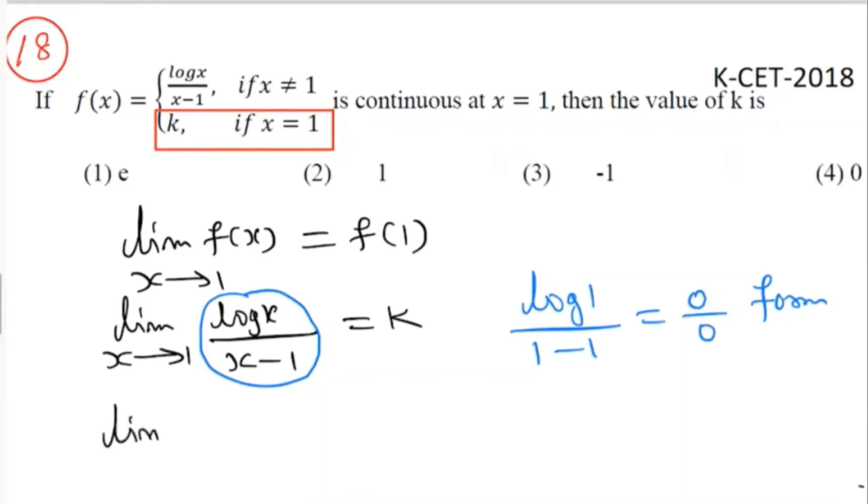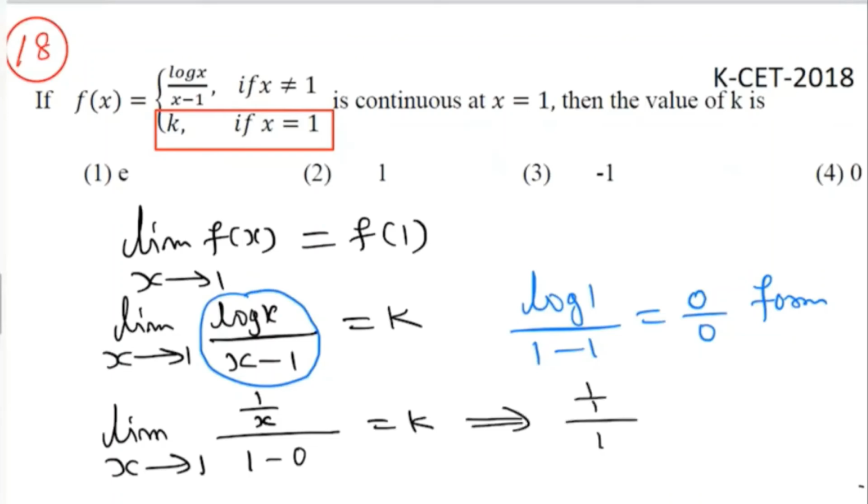For that, all you need to do is differentiate numerator and denominator separately. 1 by x, 1 minus 0. Now take x equal to 1. That implies 1 upon 1 by 1 equals k. So we get the value of k is 1. So the correct option is the second one.